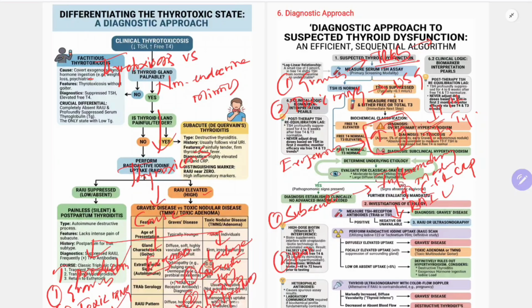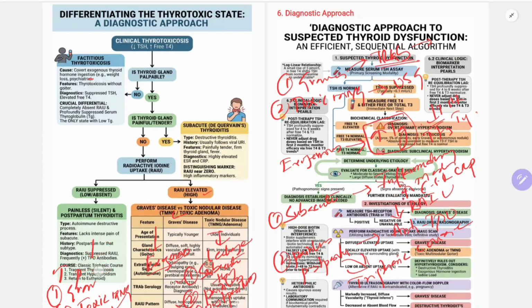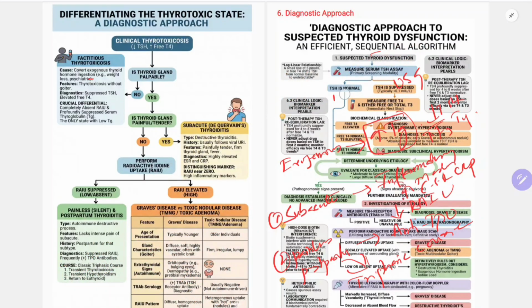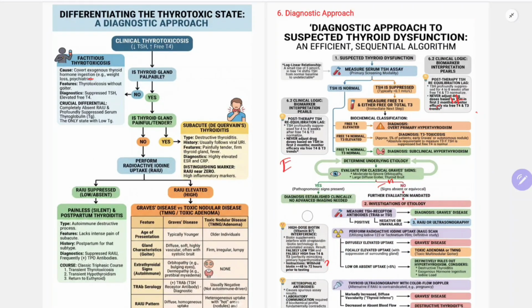For painless thyroiditis or postpartum thyroiditis, you will have autoimmune antibodies, so anti-TPO antibodies will be present, and these two will have a triphasic course: first thyrotoxicosis, then hypothyroidism, then euthyroid state. So that's all about the evaluation of thyrotoxicosis. These charts are important. 3 basic things are important: whether it is due to excessive production, leakage, or exogenous.